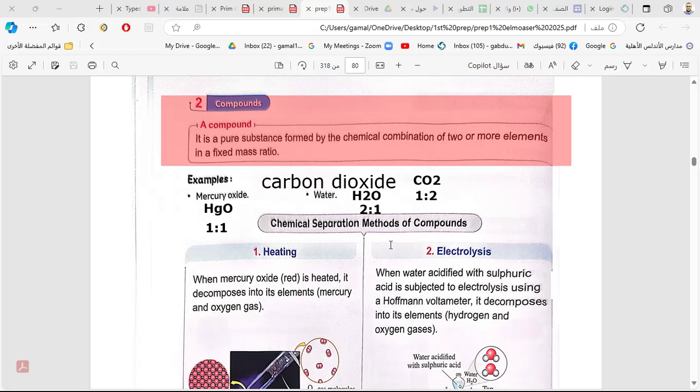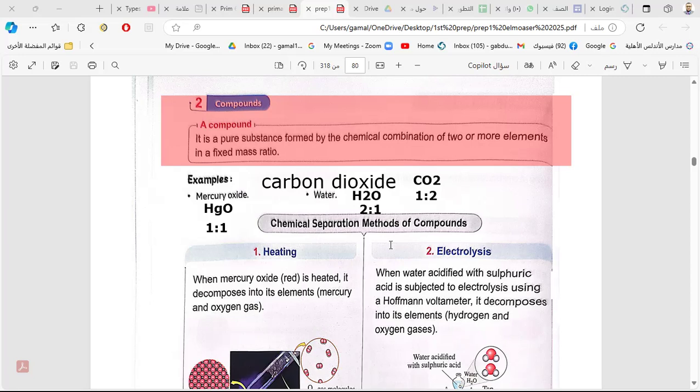And the compound, again, what is meant by compound? It's a pure substance formed by chemical combination of two or more elements in a fixed mass ratio. You know now the meaning of fixed ratio? There is a certain number of atoms from the two elements.